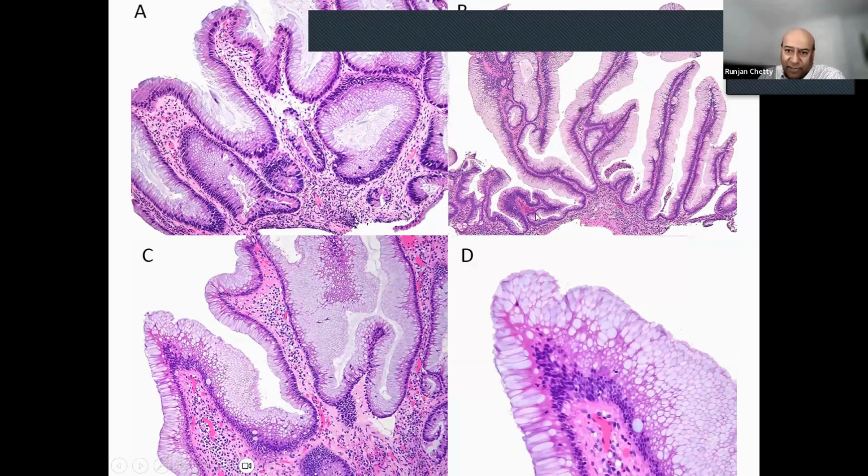But again, the background of architectural disarray and chronic inflammation. And here's the high power of that particular area, and you'll see, again, nothing that would alarm you unless you are aware of the context of this and the slight hyperchromasia in the nuclei.